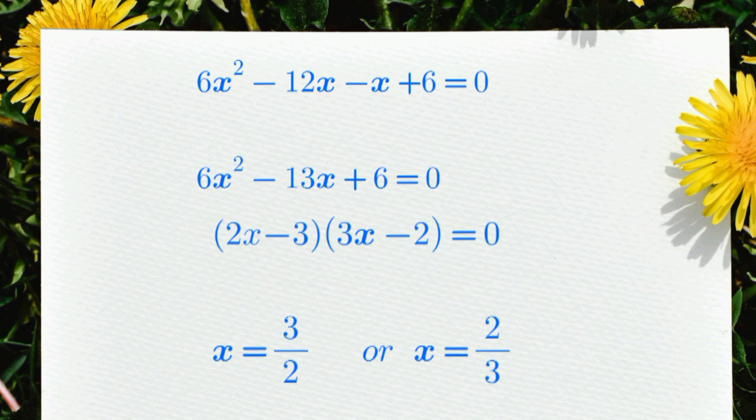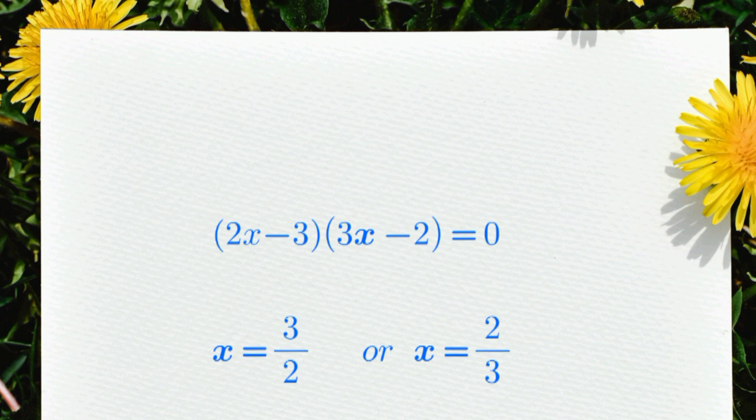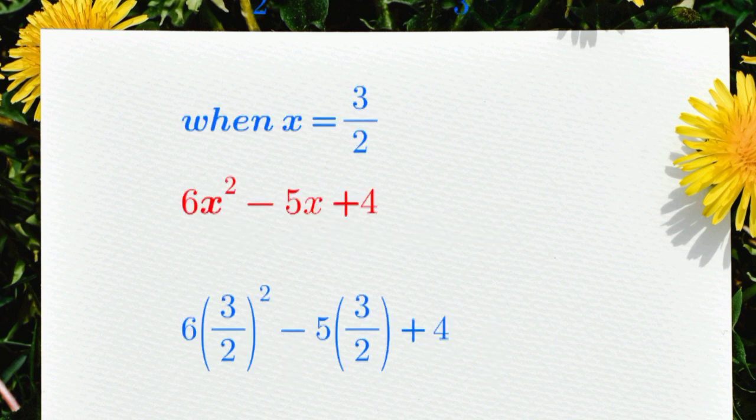Now, remember our question said we should solve for 6x squared minus 5x plus 4. So first of all, when x is equal to 3 over 2, we substitute the value of x into 6x squared minus 5x plus 4. We'll be left with 6 multiplied by (3 over 2) raised to the power of 2, minus 5 multiplied by 3 over 2, plus 4.